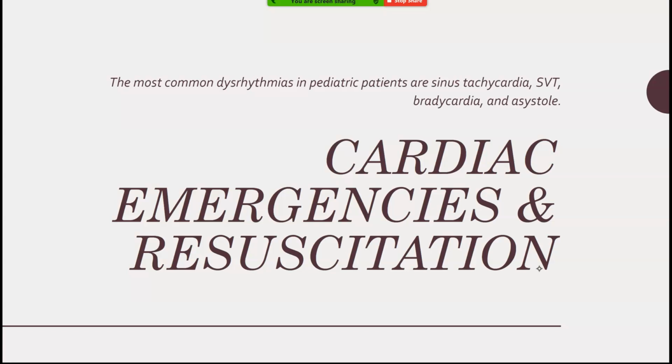Because a newborn or a young infant, their heart rate should be about 130. So SVT is up in the 200s. Bradycardia, anything less than, well, again, age dependent, less than 100 in the really young, less than 60 in the 8 and up range. And asystole, which is just not something that one wants to do.